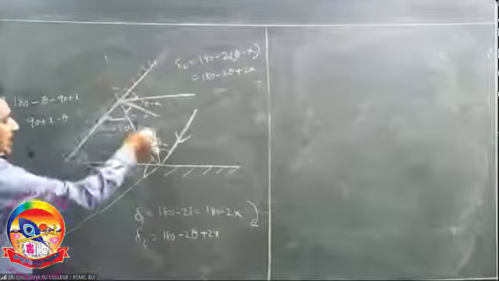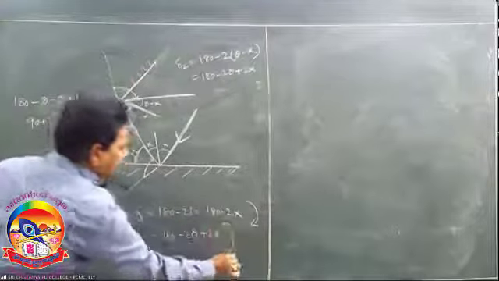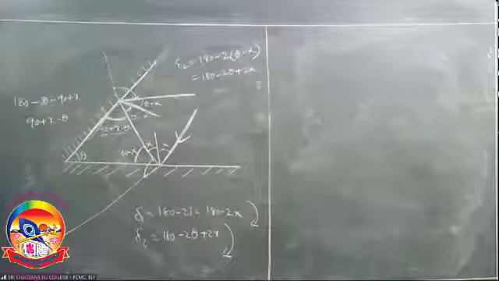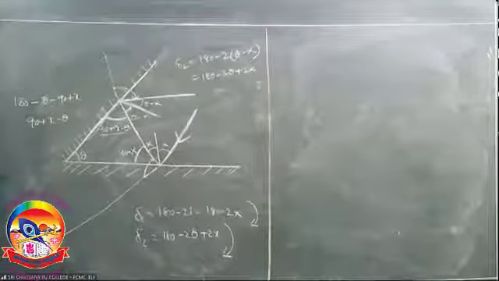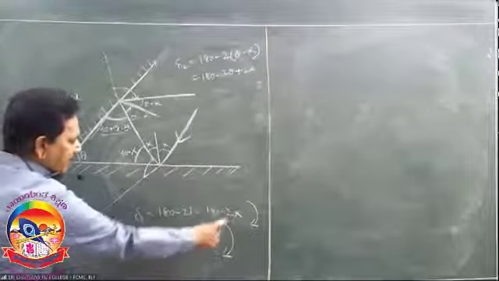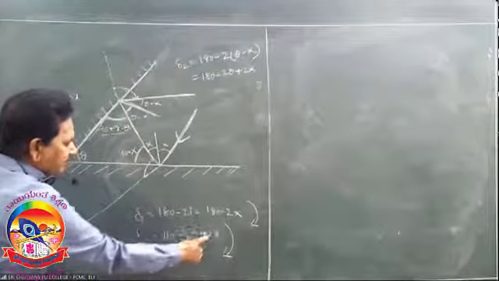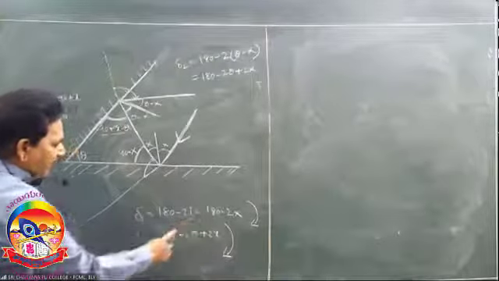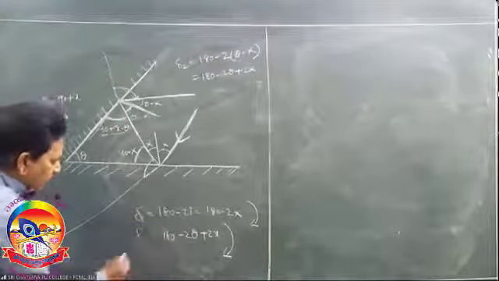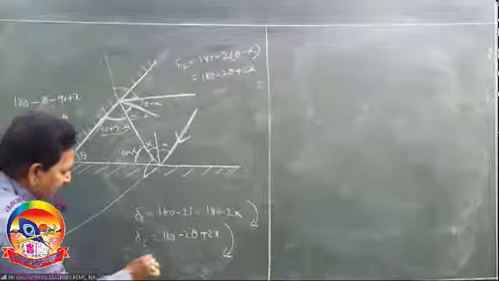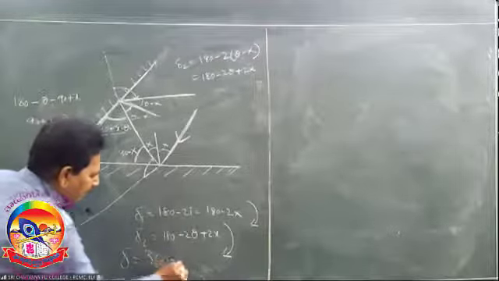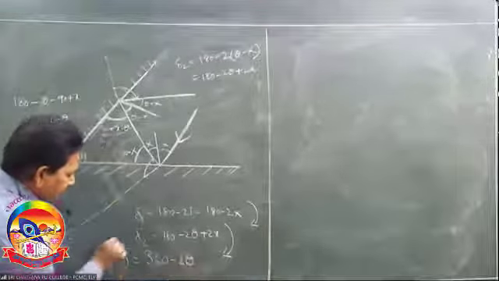In what direction? Clockwise only. Add both of them. Plus 2x and minus 2x get cancelled. 180 plus 180 is 360. So the total deviation is 360 minus 2 theta.